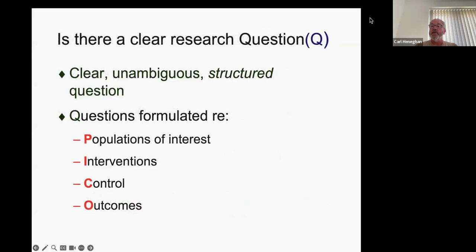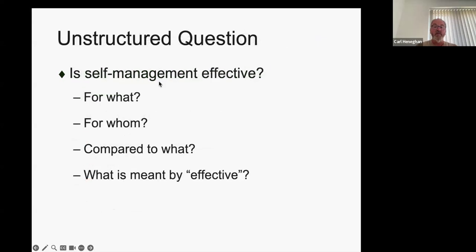Now, what I'd like to do here is to go into the clear research question. Well, you know how to do that because we did it last time. It's very clear. You operate a PICO: population of interest, the intervention, the control, and the outcomes. When we do that, it's quite interesting, isn't it? You've got to be thinking in unstructured questions: for what, for whom, compared to what, what is meant by effective.